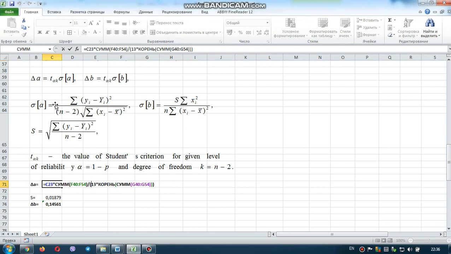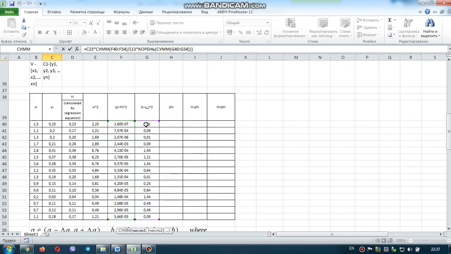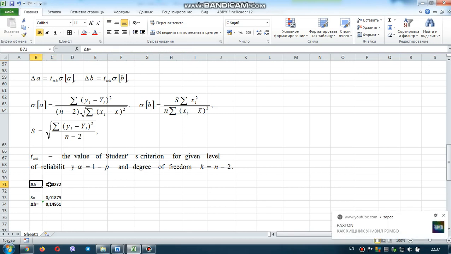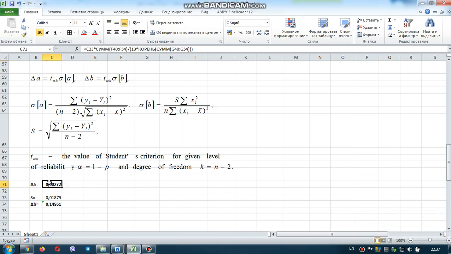Then the denominator: square root of n minus 2, 13 multiplied by the square root of these values, square root of x minus x average summarized squared. So we have a little value. We have already determined the delta A value.